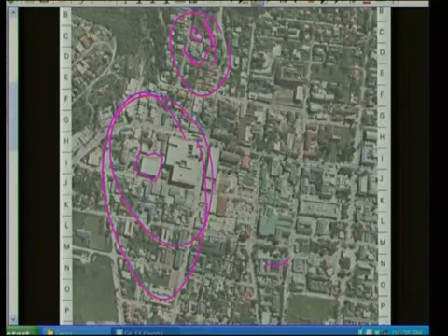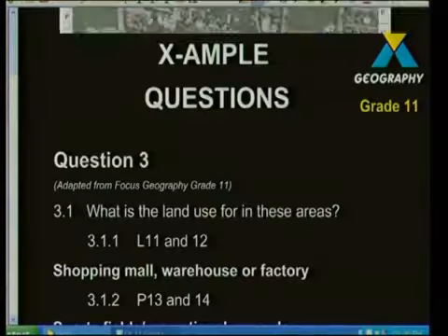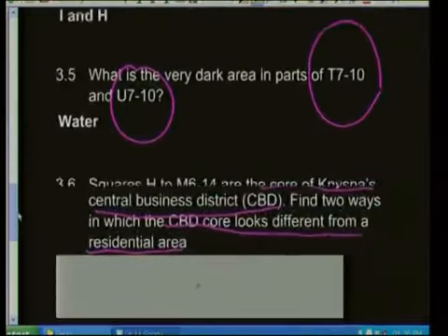Height of buildings are greater here because the cost is more expensive in the CBD, therefore they'll build tall buildings. And here, the height is much smaller. Now, one thing we realize from this question is that it involves theory also. So in Mapwork, we will bring in some form of theory, all right, in terms of giving reasons for your answers, why this and this is that. Remember, Mapwork should not be learned on its own. We have to learn it while we're doing the theory itself. Okay? So let's have a look at the answer there.